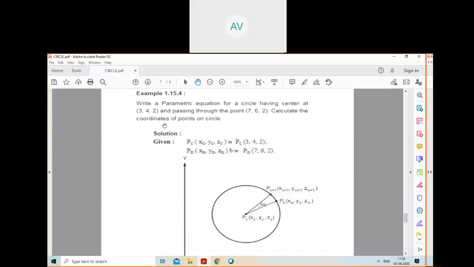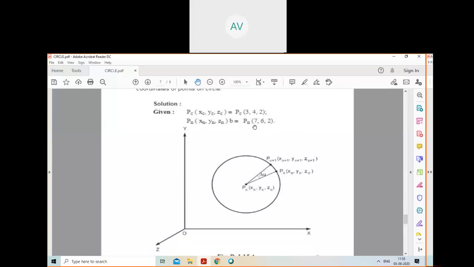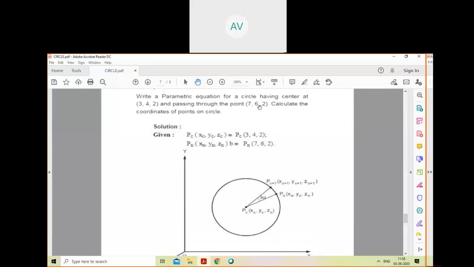Calculate the coordinates of the points on the circle. So we have to calculate the next point. The first point, 7, 6, 2, is already given on the circle, so we consider it as pn, and the next point we will calculate as pn plus 1.